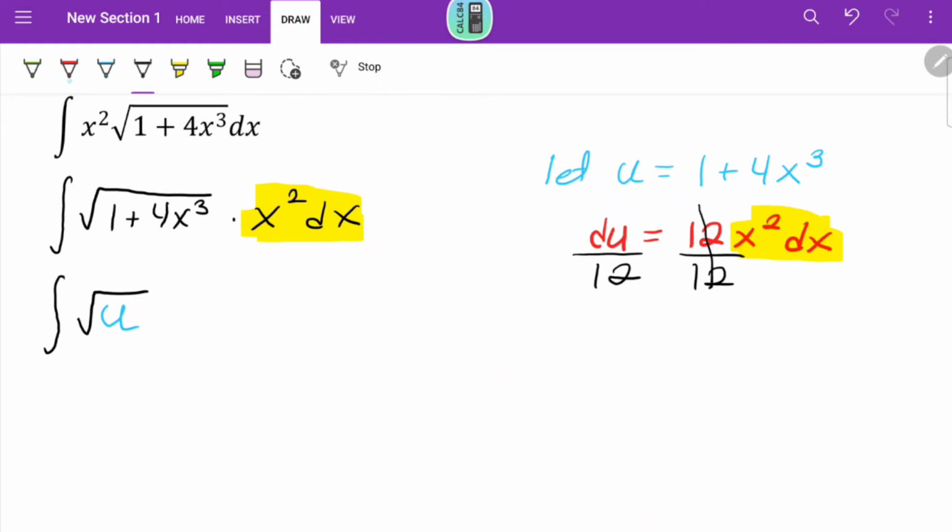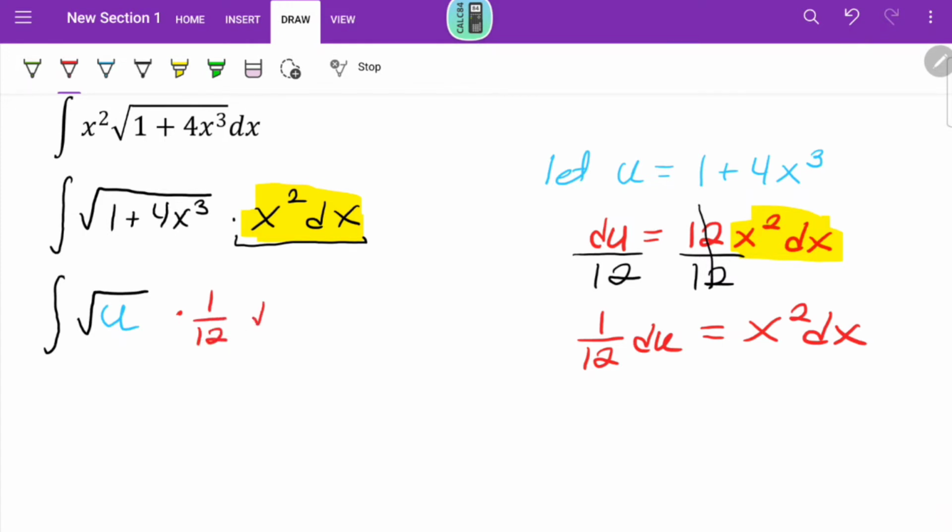And when we do that, we're going to have 1 over 12 du equal to x squared dx. So the x squared dx that is right here is equal to 1 over 12 du. So that's going to be times 1 over 12 du.